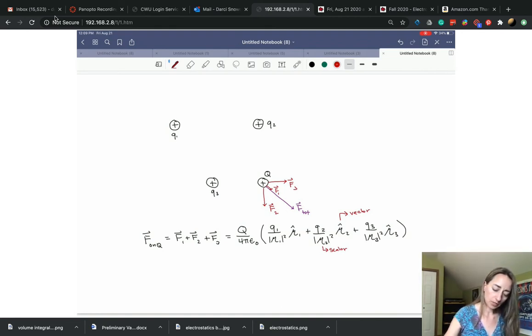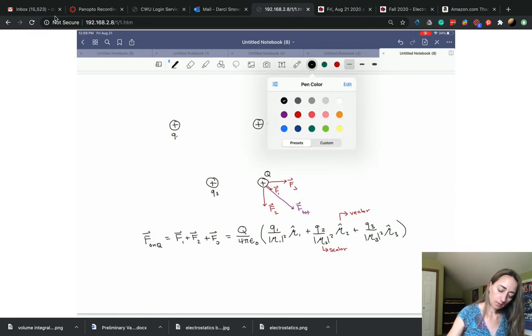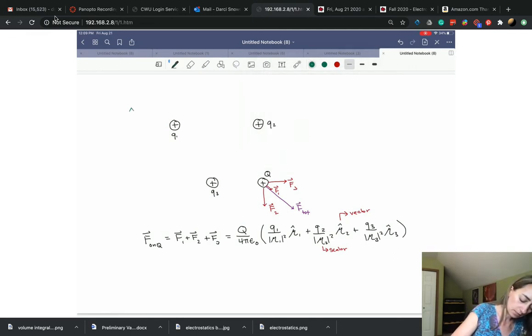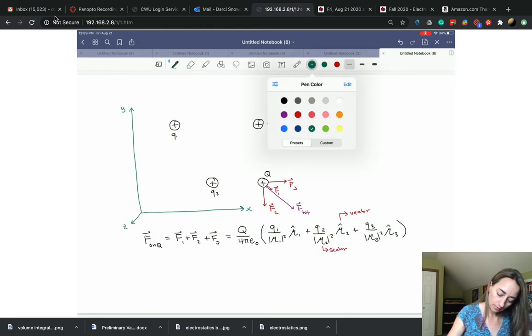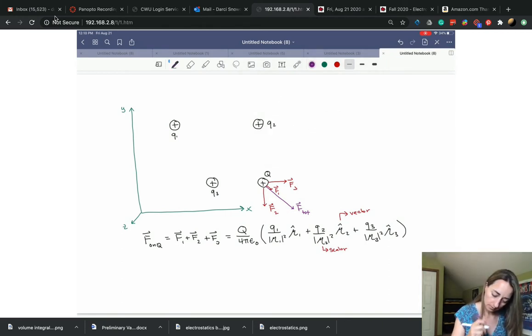Okay, I can go ahead and draw some of those things here in the picture. So I'm going to put a coordinate system on my picture here. Again, it's just going to be a right-handed coordinate system. And I'm going to go ahead and draw each of those separation vectors. Again, each separation vector is going to be between a particular source charge and our test charge.